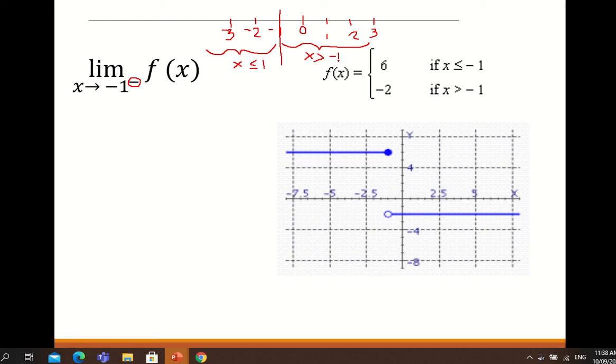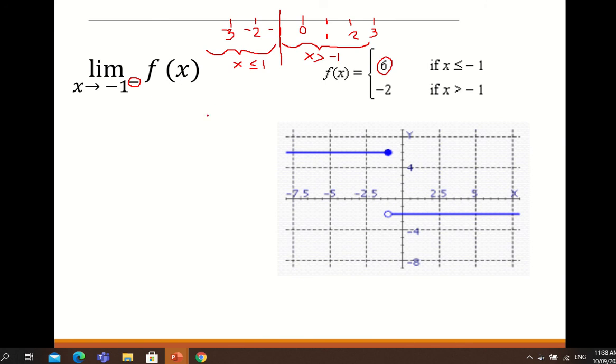So it's shown in this illustration that for the interval x less than or equal to -1, the value of the function is equal to 6.